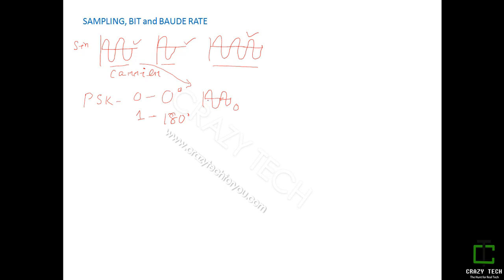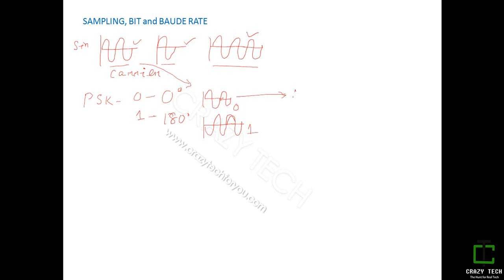I have taken 0 degree phase shift and another 180 degree phase shift. This is the 0, 1. So I am sending one symbol. If I want to send 0, I am sending one symbol for 0. Let's say I am sending this symbol at 1 second.